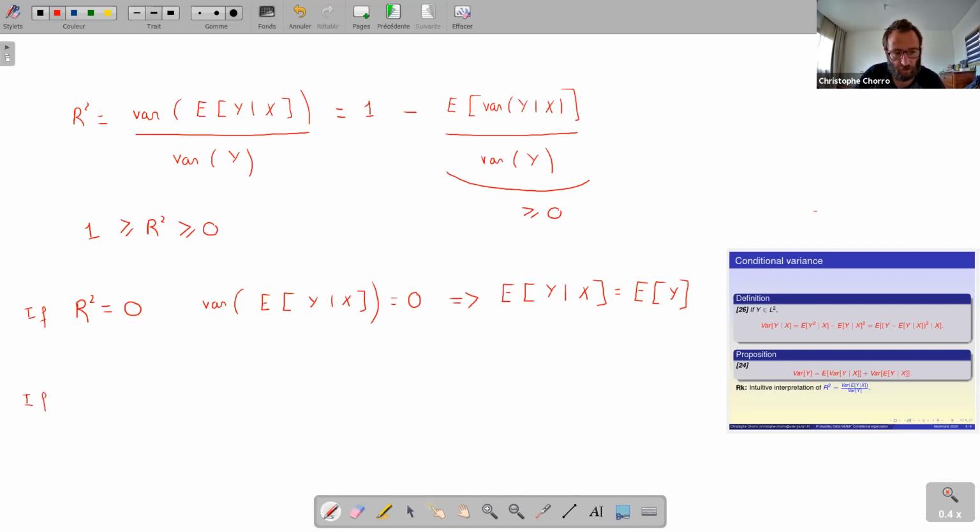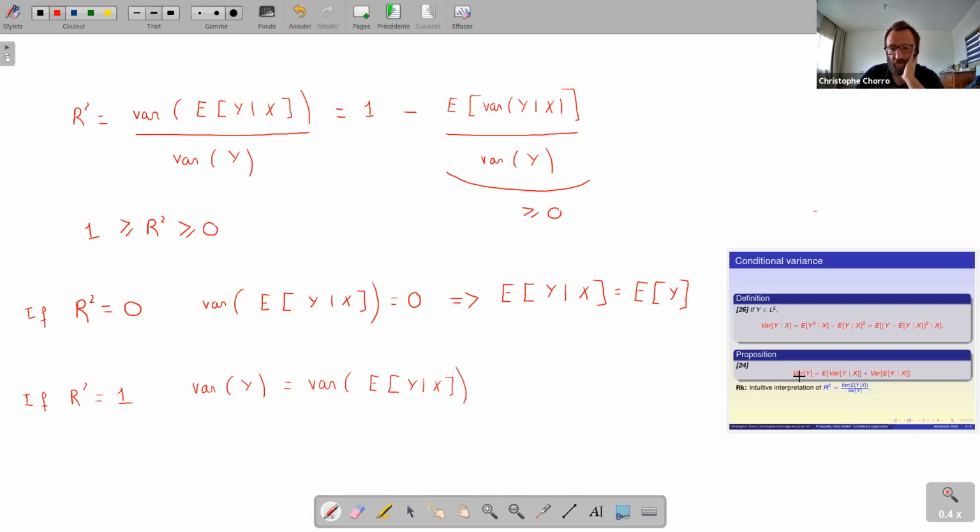If R square is equal to 1, it means that the variance of y is equal to the variance of the conditional expectation, so the variance of y is equal to the variance of this one.